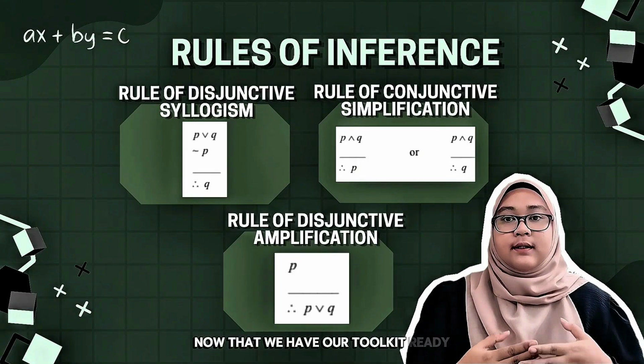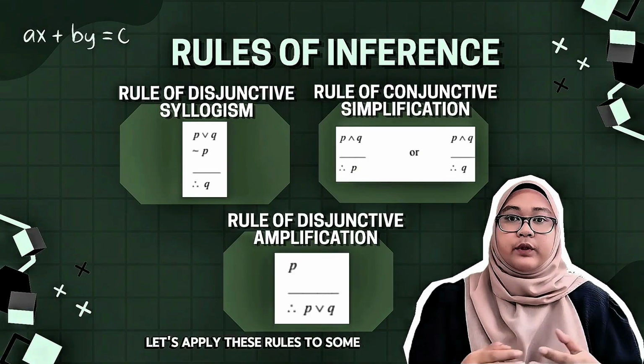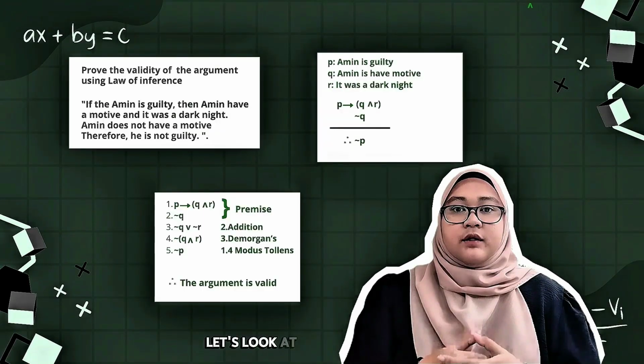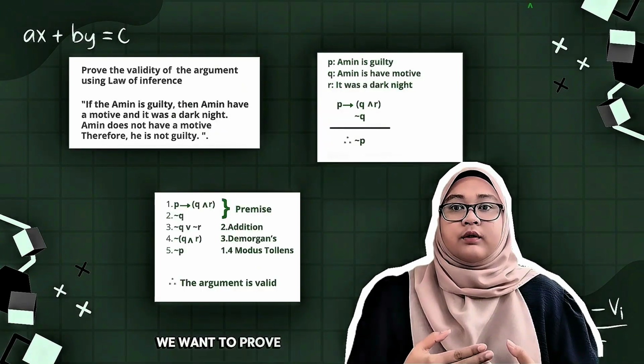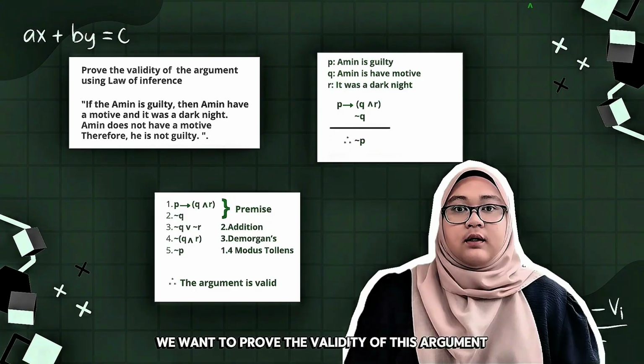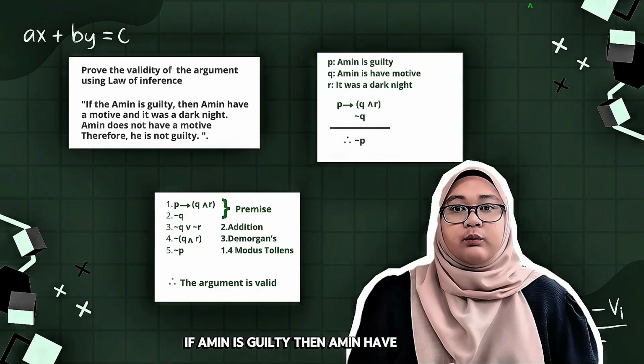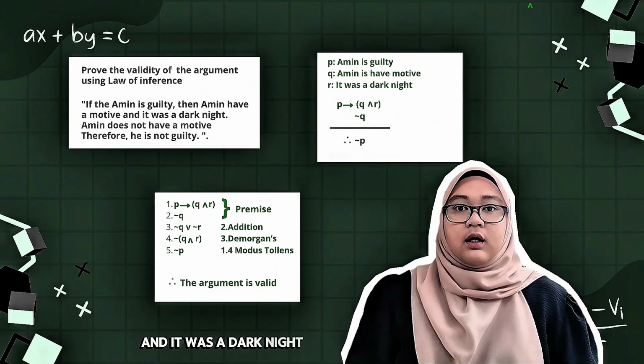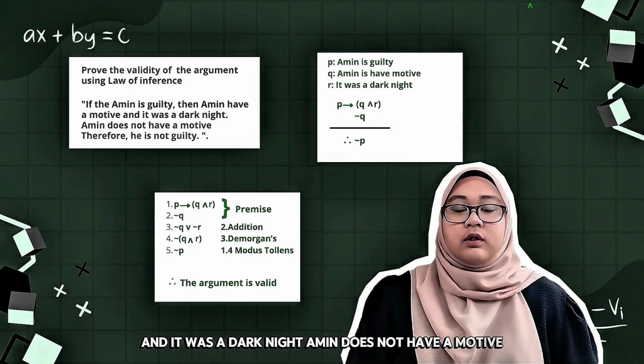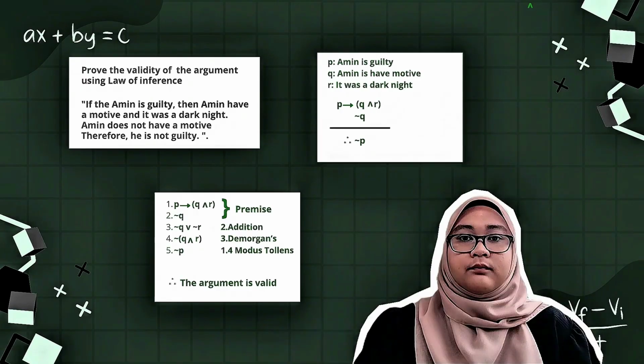Now that we have our toolkit ready, let's apply these rules to some practical examples. Let's look at a concrete problem. We want to prove the validity of this argument. If Amin is guilty, then Amin has a motive and it was a dark night. Amin does not have a motive, therefore Amin is not guilty.